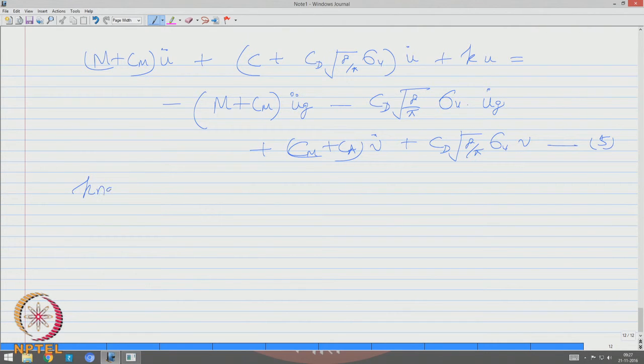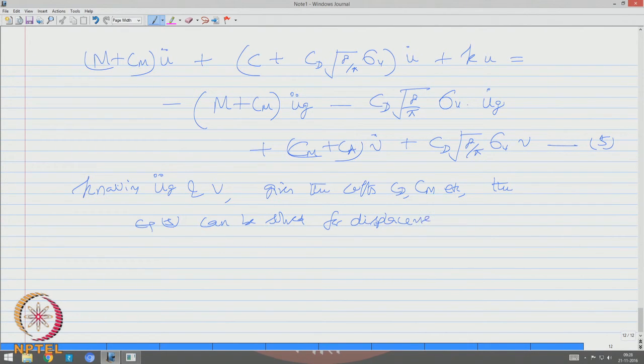Now, knowing u double dot g and v, given the coefficients C d, C m etc., the above equation can be solved for displacement u.